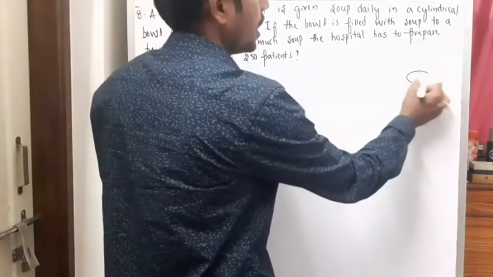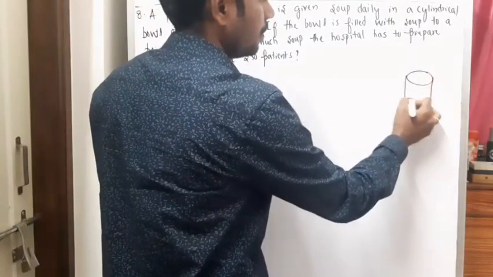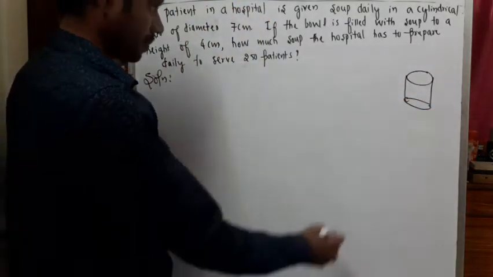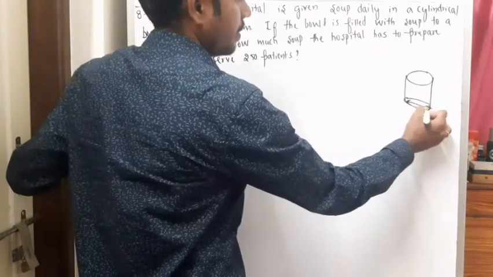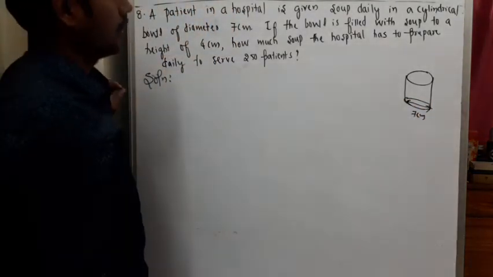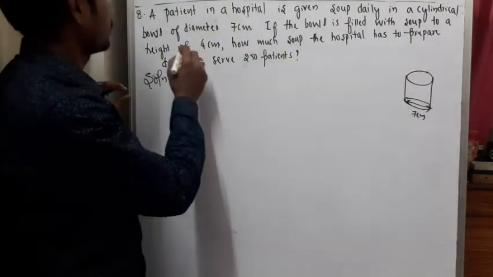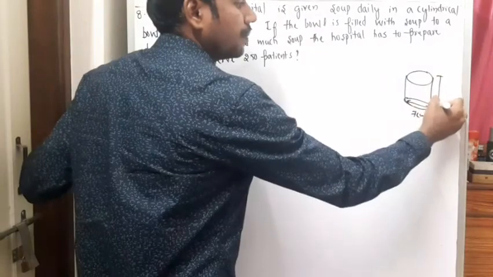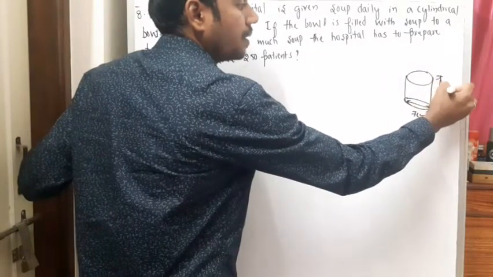Suppose this is the bowl which is cylindrical in shape. It has a base diameter of 7 cm and it has a height of 4 cm.